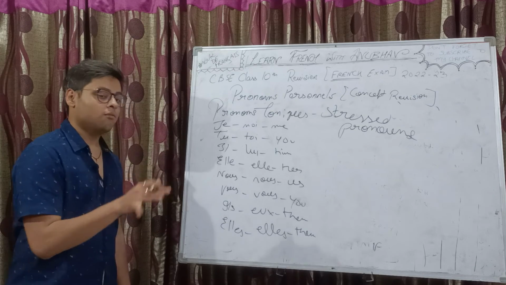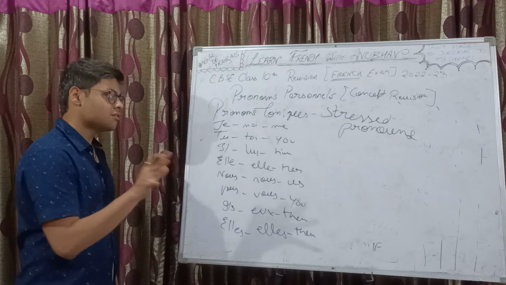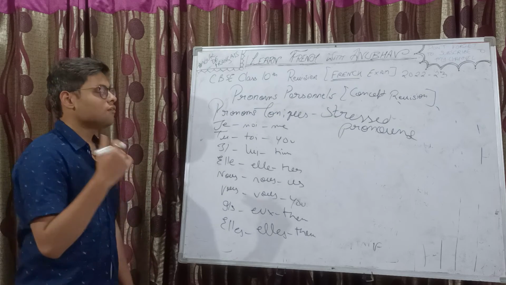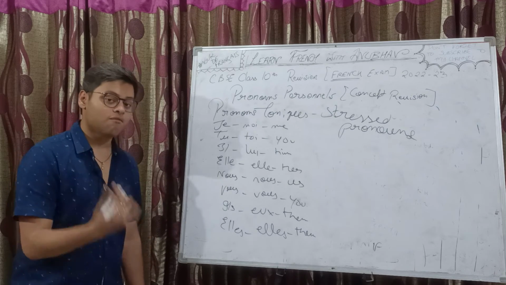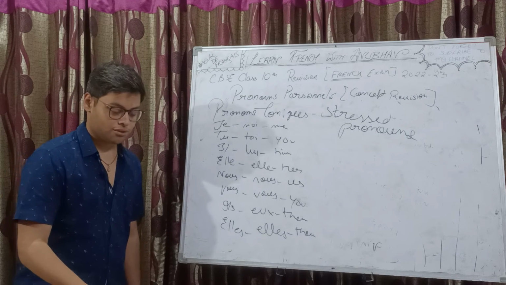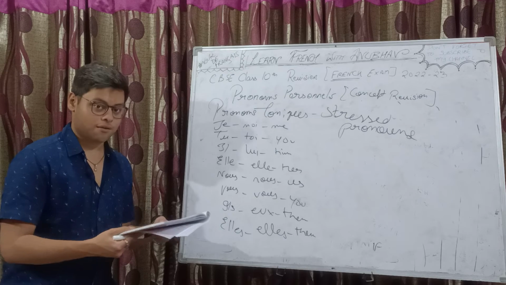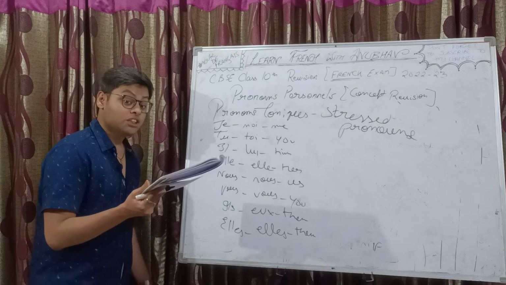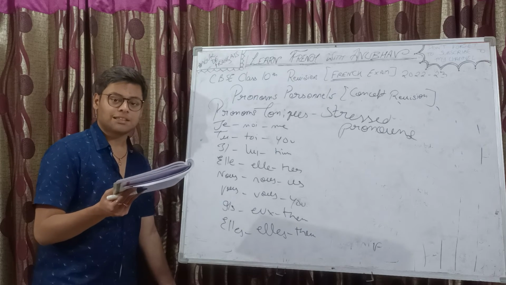But if we talk about it from the perspective of the CBSE class 10 French curriculum, what do we have? We use pronoms toniques when we are using a pronoun after a preposition, say avec or sans, or even chez, in some cases.